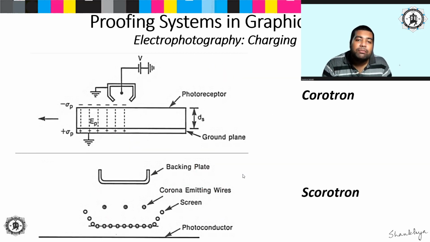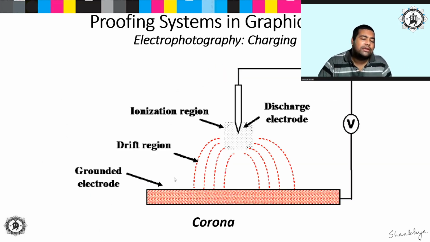If you remember our earlier discussion in the surface tension class in PMS1, we talked about corona discharge. I think you already know the method of corona discharge that I had explained earlier.